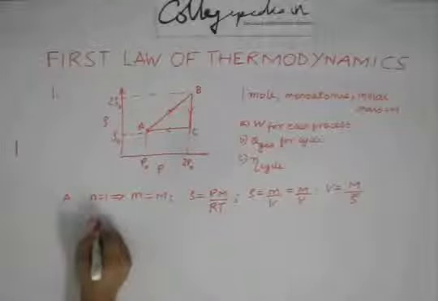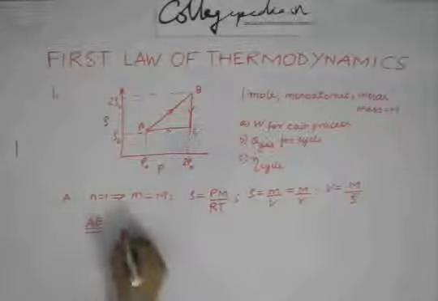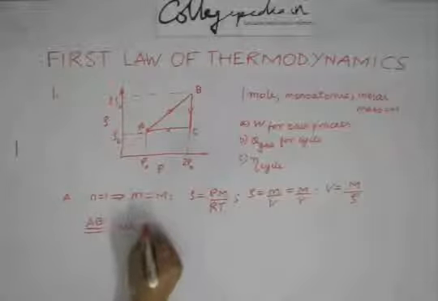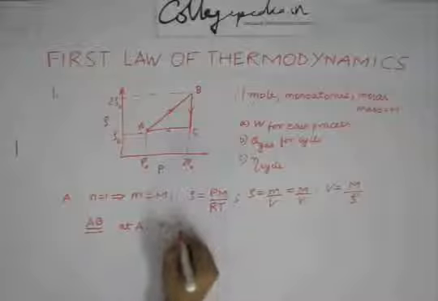Let us look at the process AB. If we want to figure out different parameters for the process AB, we need to find out the state of the gas at A and state of the gas at B. So at A, the pressure of the gas is P0.